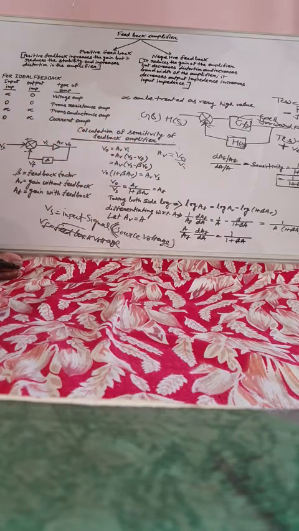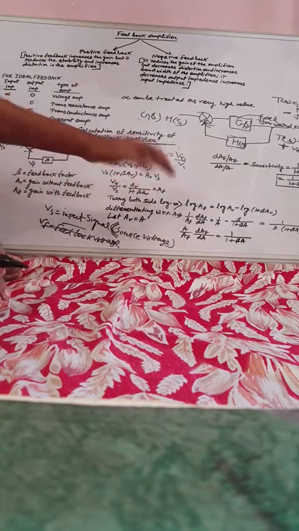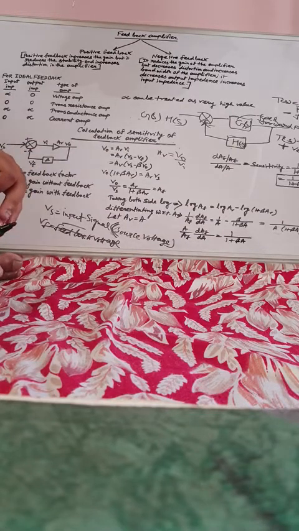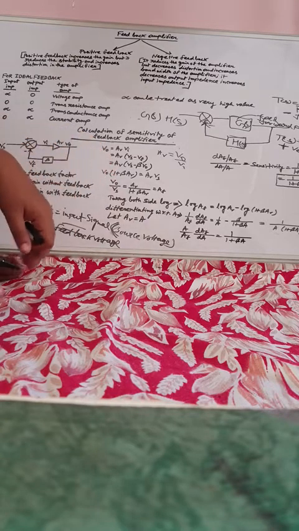This is called the final gain of the system with feedback. Now take logarithm on both sides.